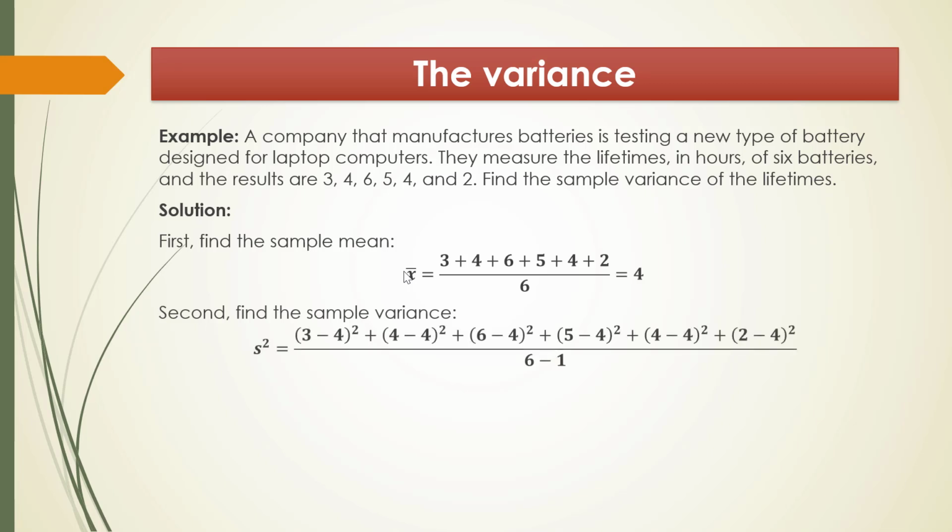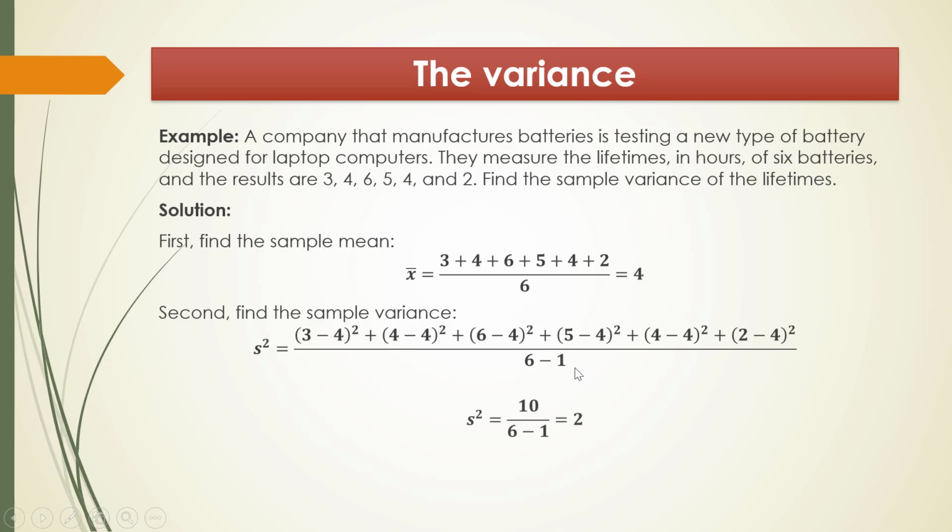So s squared: for each number we subtract the sample mean 4 and then square it, and continue to finish the other numbers, repeating the same thing. After that, add all of these squares together and divide by n minus 1. Remember, for sample variance, we divide by n minus 1, not capital N. So it's 6 minus 1 in the denominator.